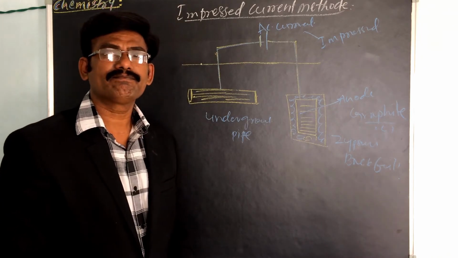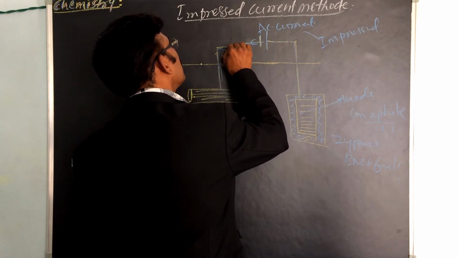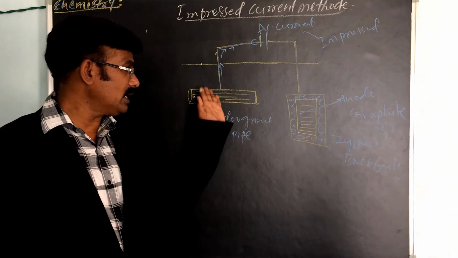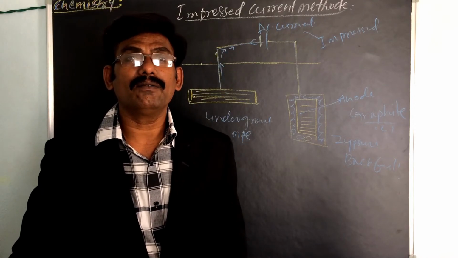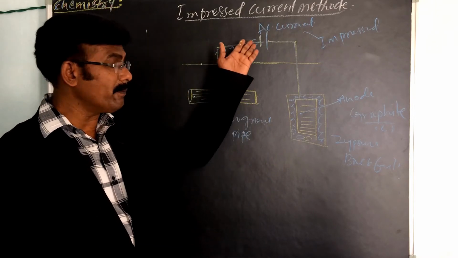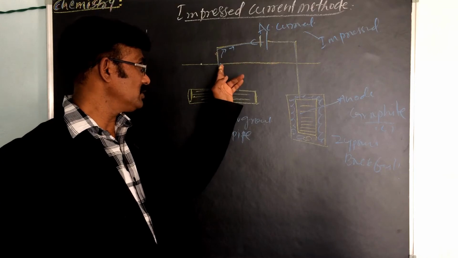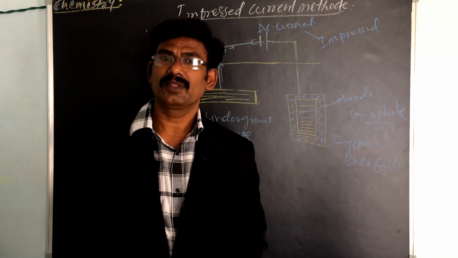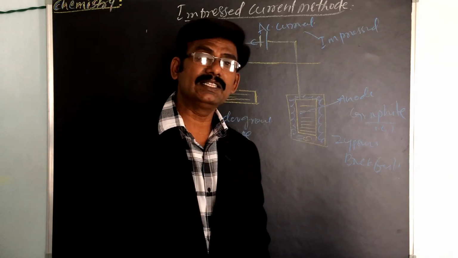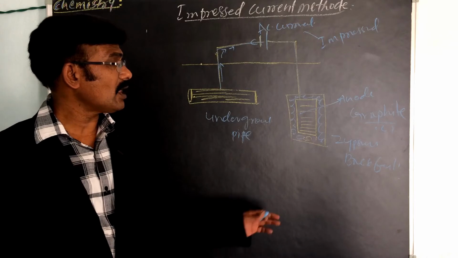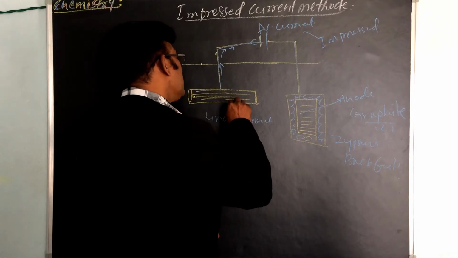When the impressed current comes in the opposite direction, the corrosion current is nullified. The anode has a graphite rod completely filled with gypsum powder. So this metal will be protected.